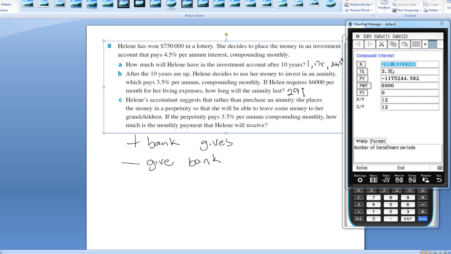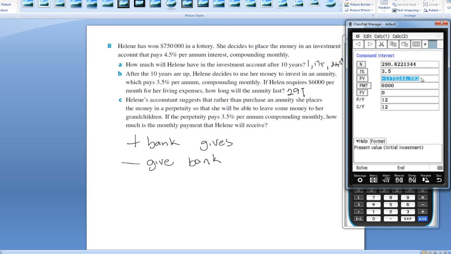Okay, so let's change a few things around here. So we're still investing the same amount, the $1 million, but now a perpetuity means that our amount stays exactly the same.